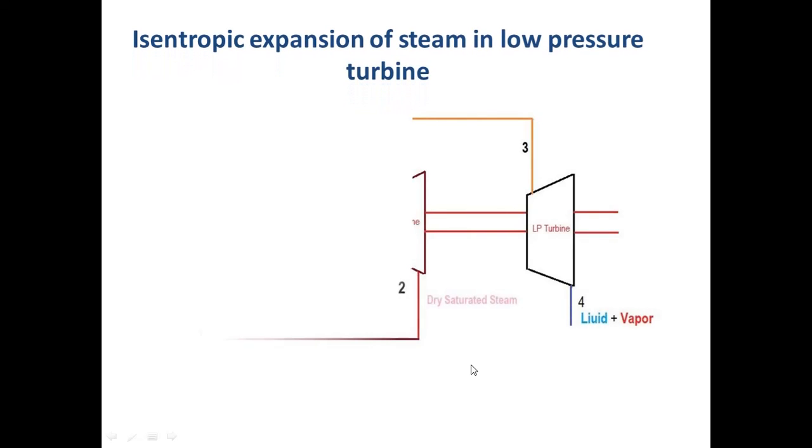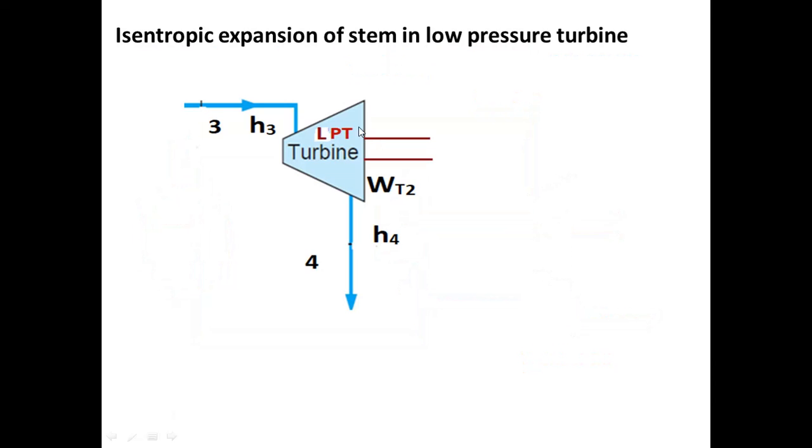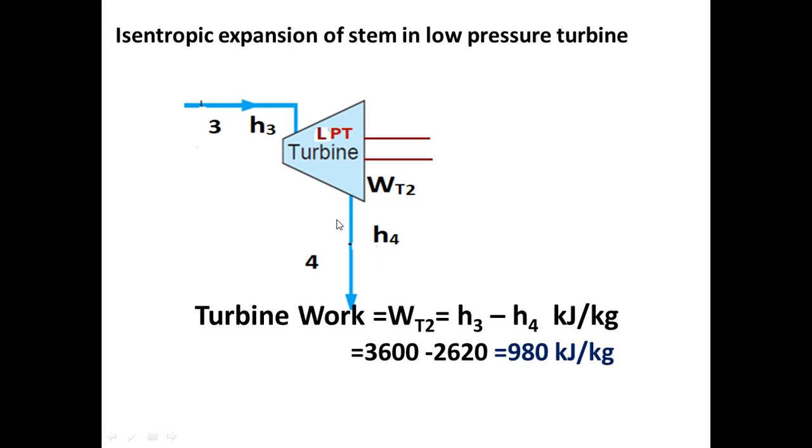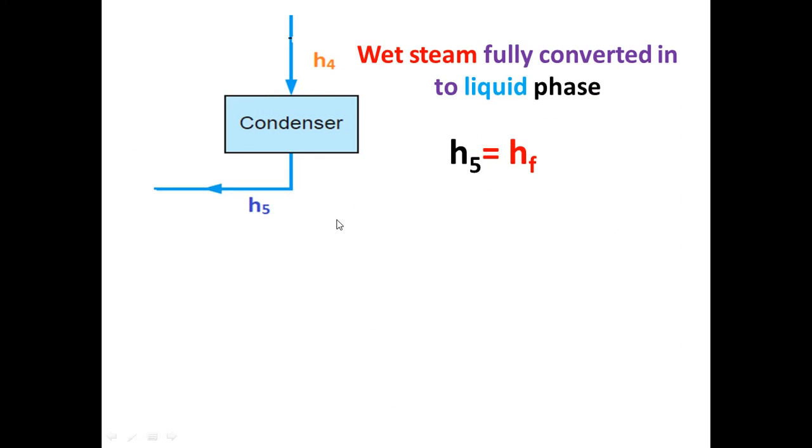Isentropic expansion of steam in the low pressure turbine, H3 to H4. Since it comes to the wet state, that is a mixture of liquid plus vapor, you go for HF plus X HFG. From 550 degrees Celsius it is isentropically expanded to the 0.1 bar condenser pressure. Then H3 minus H4, you want to do this one. It is fully wet, so H5 equals HF, which I already told you.